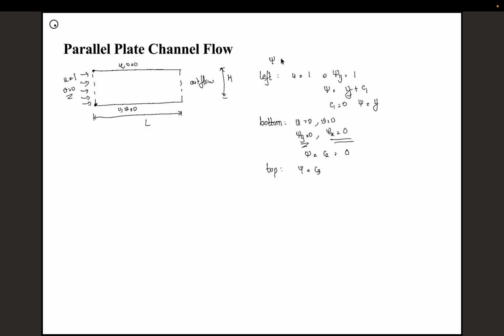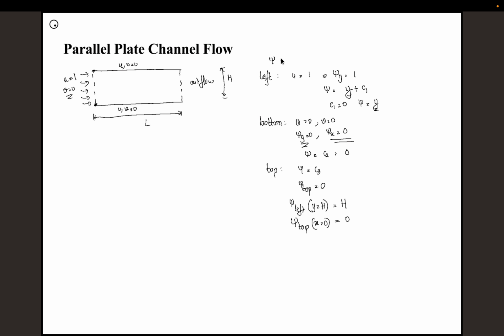So at this corner, if I kept psi top to be 0, then the problem that happens is at this particular corner, from this equation it will be equal to h, but from the other equation it becomes 0.